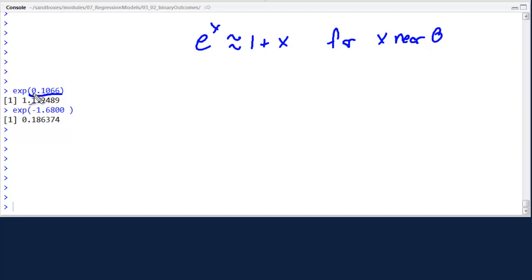So if this coefficient is small, like in this case 0.11, you can just do the exponentiation yourself, and that almost just represents the increase. If it's positive, the percent increase. So if you exponentiate it, you get 1.11, as we would expect, about exactly 1 plus x.